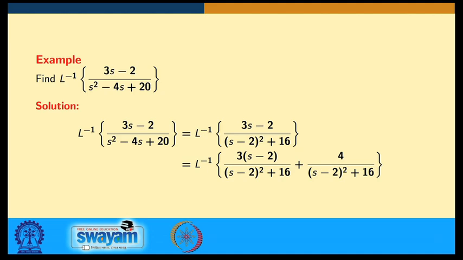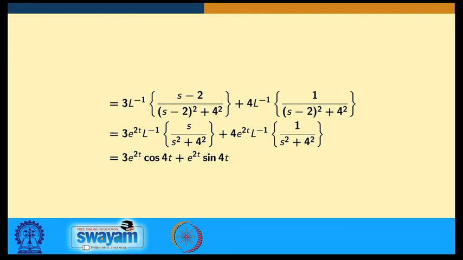So, just quickly, if I see this one, Laplace inverse of this I am breaking into these parts. This equals, again you can write down, 3 Laplace inverse of s minus 2. This equals actually 3 e to the power 2t into s by s square plus 4, and 4 e to the power 2t, which I have not written there, using the property of inverse Laplace transform.